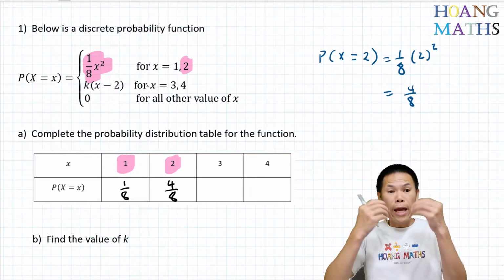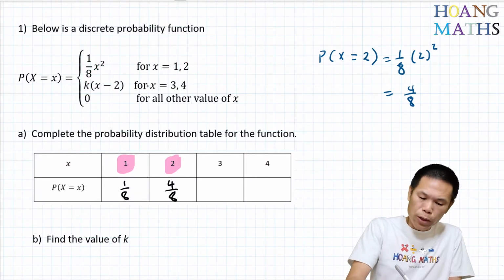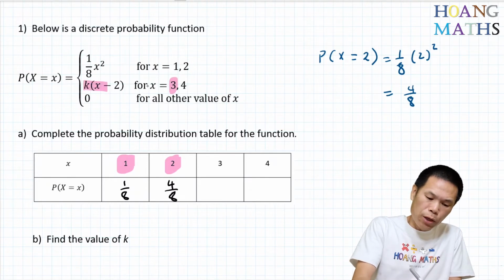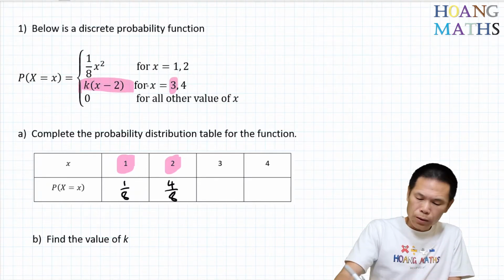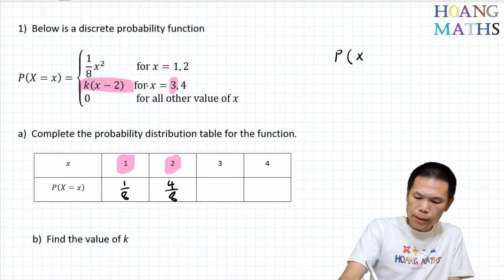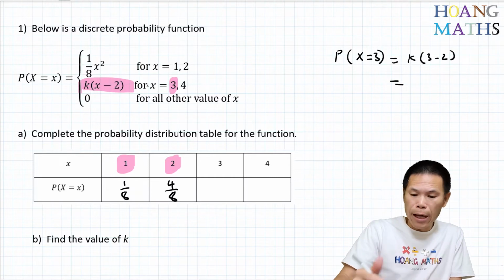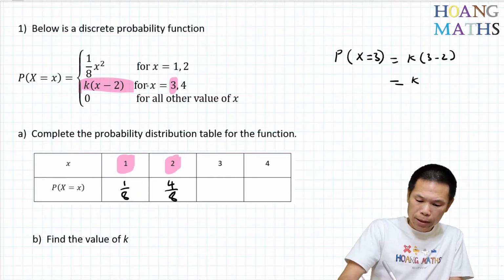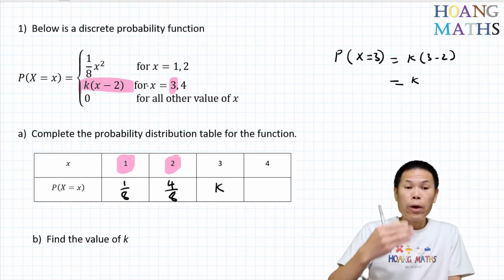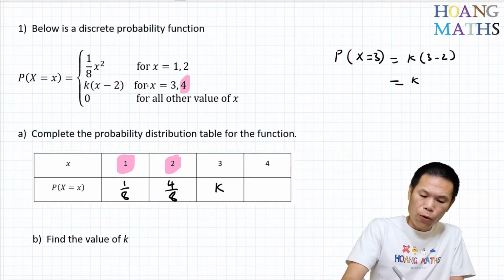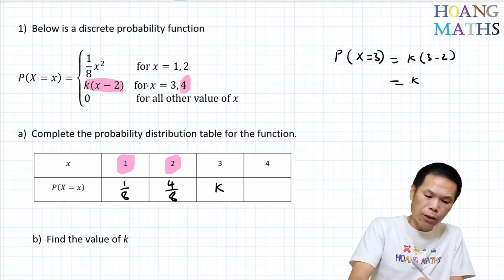So when x is equal to 3, we need to apply this function. So p of x equals 3 gives me k times 3 minus 2. 3 minus 2 is 1, so 1 times k is k. And when x is 4, we apply this function here.